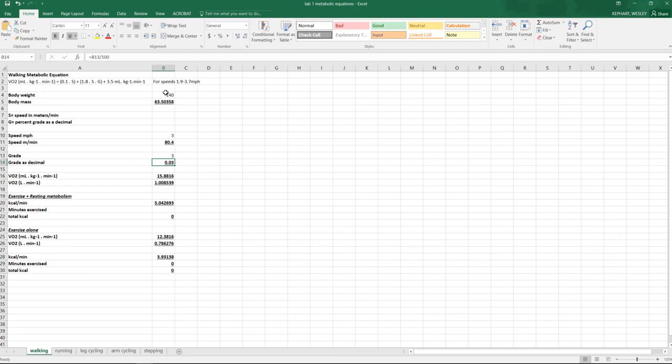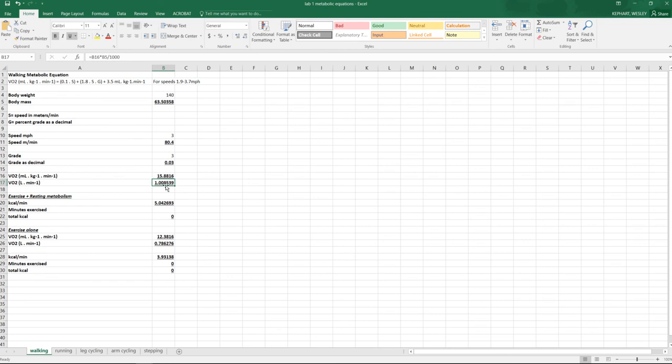So if someone is doing all of this, they weigh that much, they're going that fast, and a grade of 3, their relative VO2 is 15.8816. So they're consuming about 16 milliliters of oxygen per kilogram body weight per minute, give or take. That's predictive.